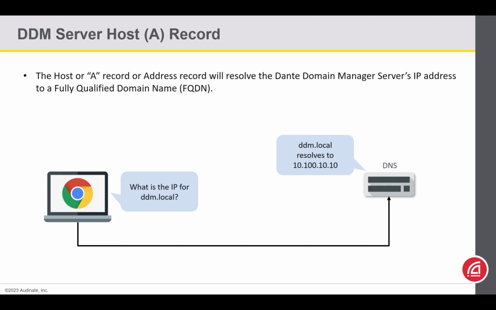This concept is similar to when we talked about how DNS works like a phone book for your network. We can also use the FQDN in Dante Controller when trying to connect to the DDM. The server's FQDN will be referenced in the SRV record.